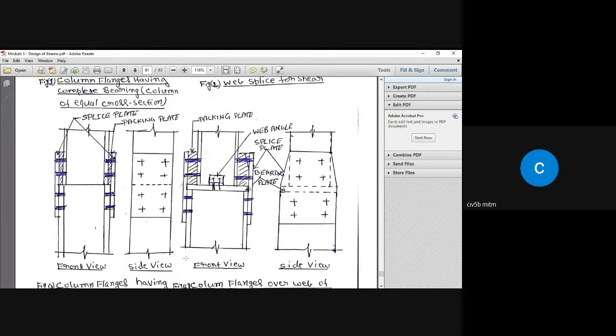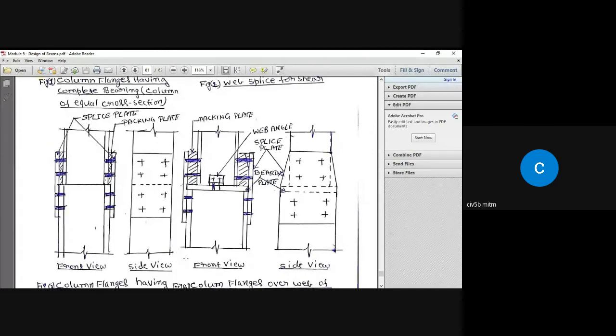But as far as the tension zone is concerned, that is really stable. The tension zone will try to pull the compression zone back, because any area of the I section below the neutral axis will be under tension. It will try to stabilize the beam, but the compression area will try to destabilize the beam.